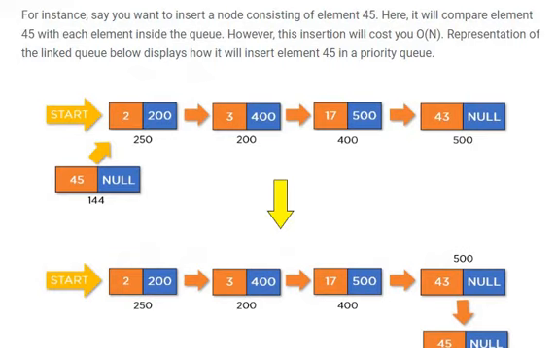If you want to insert a node consisting of element 45, we need to compare 45 with each element inside the queue. And 45 is inserted in the last position.